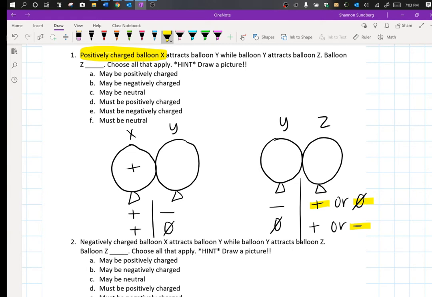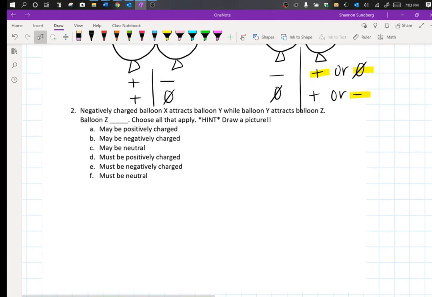Same with E, same with F. So you don't want to choose the ones that are extreme language. You definitely want to pick A, B, and C, because it could be positive, negative, or neutral. We can't really tell. All we know is that it's attracted to balloon Y, and Y is attracted to X, which we know is positive.